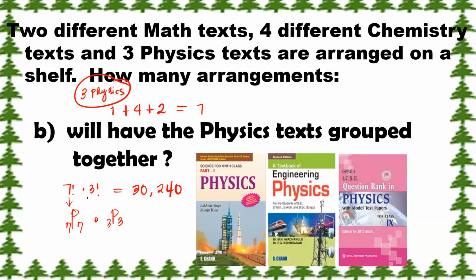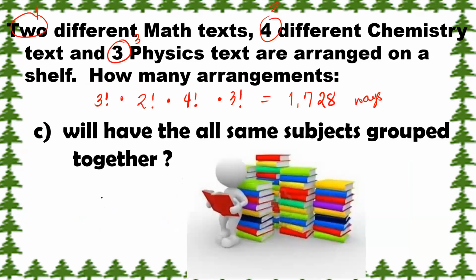Okay? Huwag niyong kalimutan yung notation. And ito, ganito din. Permutation of 3 taken 3 at a time. Times permutation of 2 taken 2 at a time. Permutation of 4 taken 4 at a time. Times permutation of 3 taken 3 at a time. Which is equal to 1,728 ways.